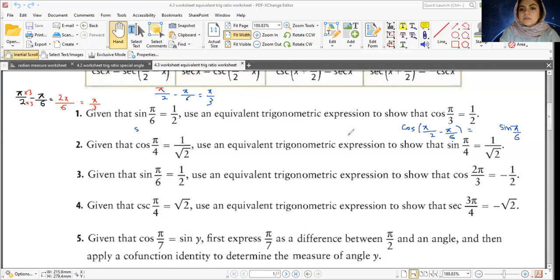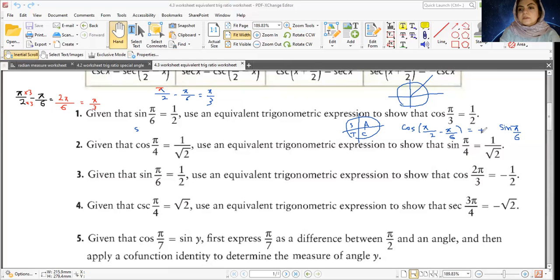Positive or negative? I just make a unit circle. Here, I know is the CAST rule, right? Pi over 2 minus pi over 6 is there. It's going to be positive here. Everything here is positive.